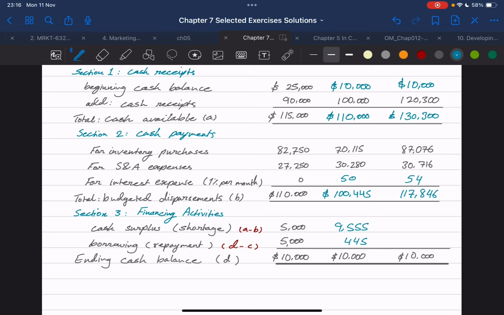Okay. Again, we'll go back and subtract this amount, which is the total budgeted disbursements, from the total cash available. Okay, so we'll say 130,300 on the calculator minus 117,846.